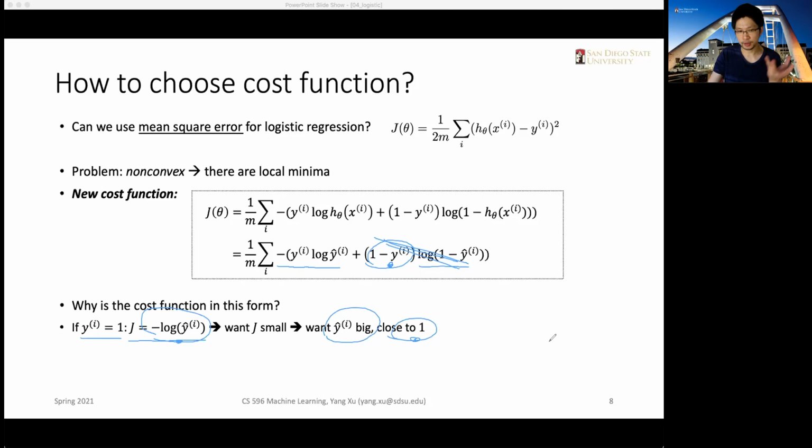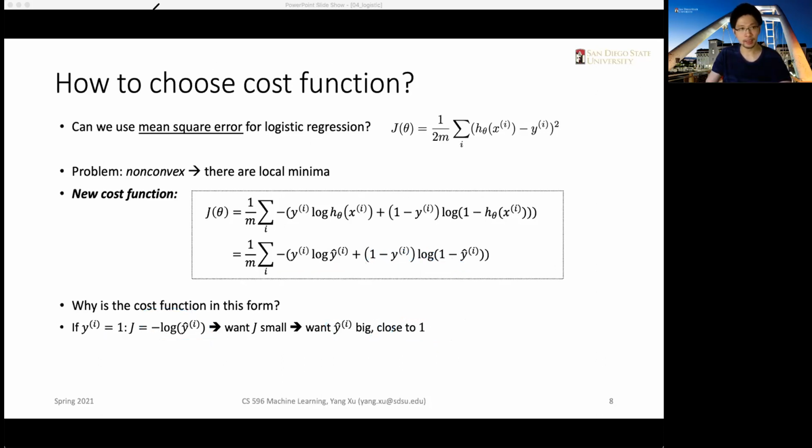We're assuming m equals 1 here, because we neglect the sigma operator. This is what we want: the ground truth is 1, so of course we want y hat also close to 1, which is the correct prediction to make.